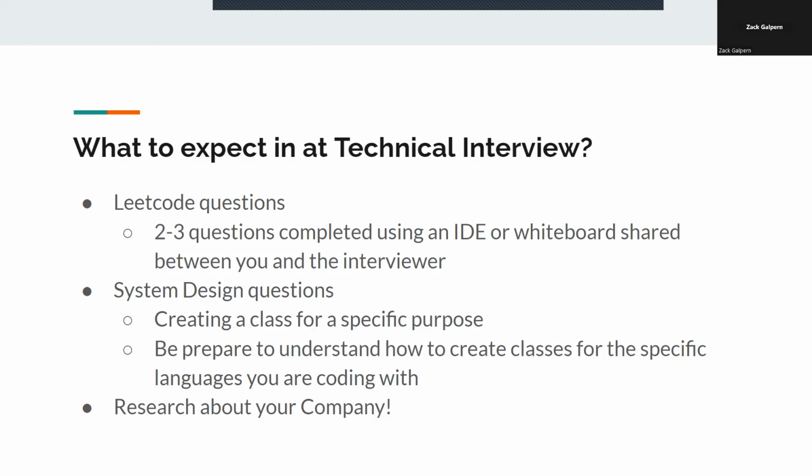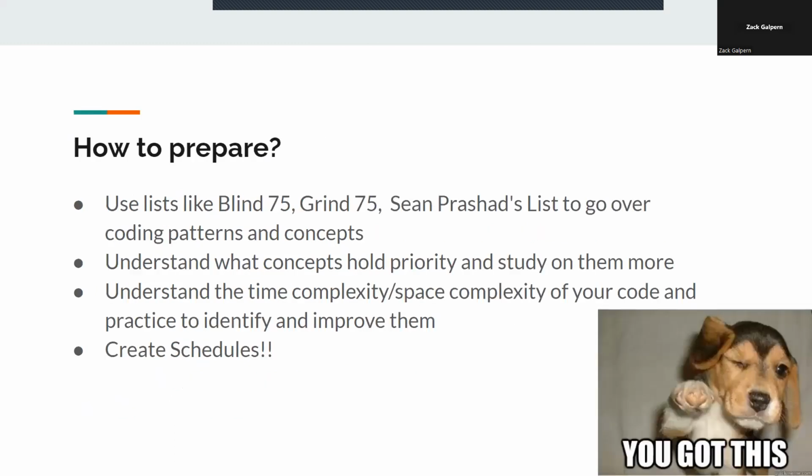Okay, so how to prepare? I'm pretty sure you guys have heard of lists like Blind 75 and Grind 75. If you haven't, use these lists as a place to get started, because there are so many LeetCode questions, right? There are specific data structure concepts you want to focus on, or section out.